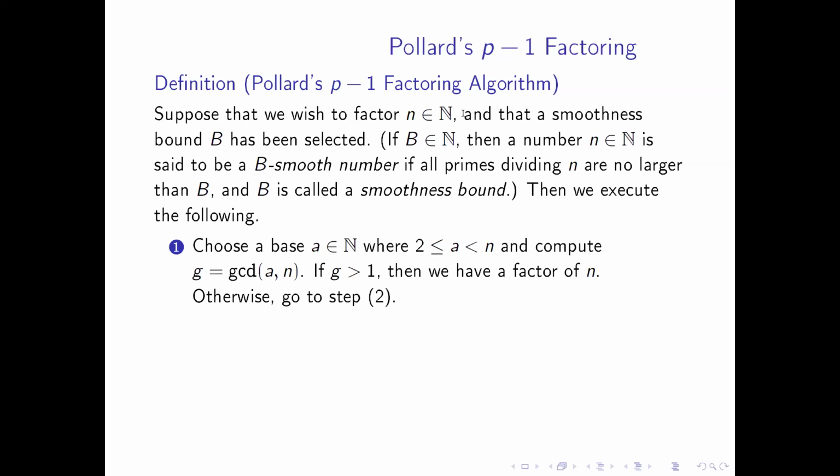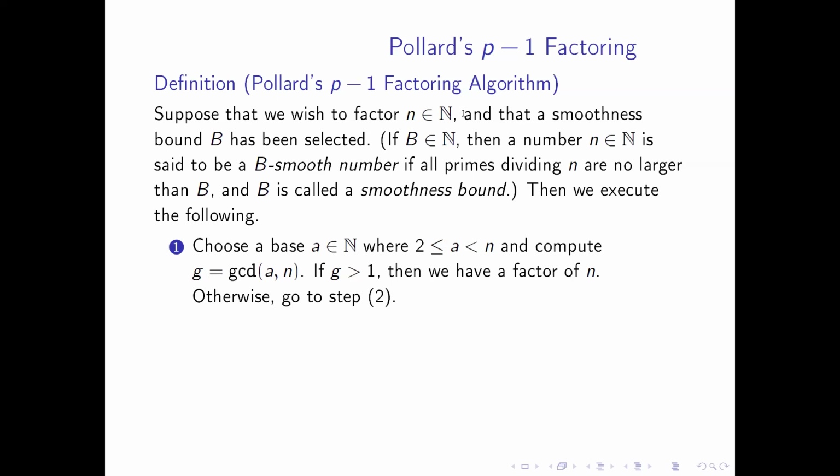We choose A, which is going to be our base, and it's going to be somewhere between 2 and n. And then we compute the greatest common divisor of A and n. If that greatest common divisor is bigger than 1, well, we just found a factor of n. Otherwise, we go on.